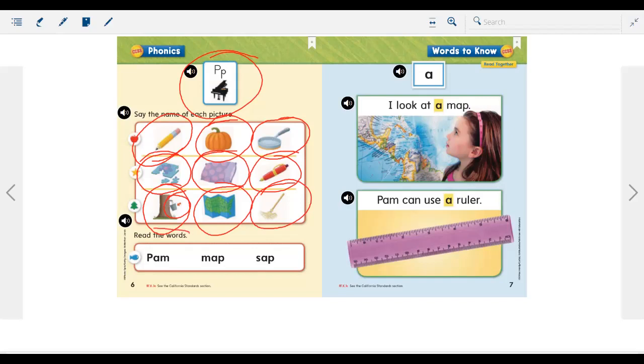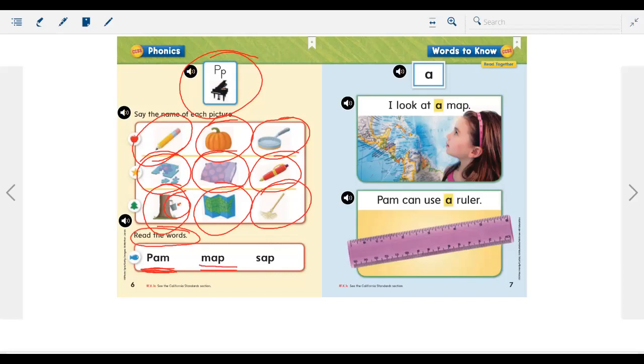Let's read these words. Pam. Do you hear the P sound at the beginning of Pam? Map.